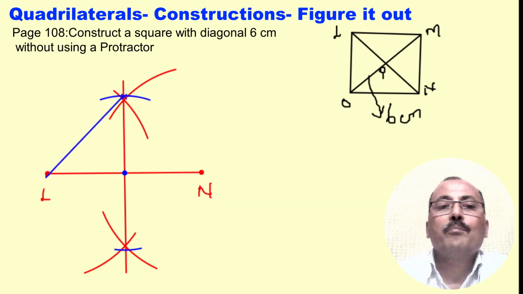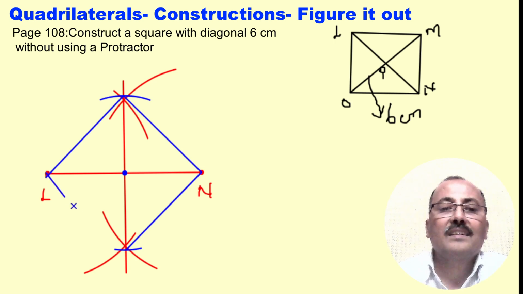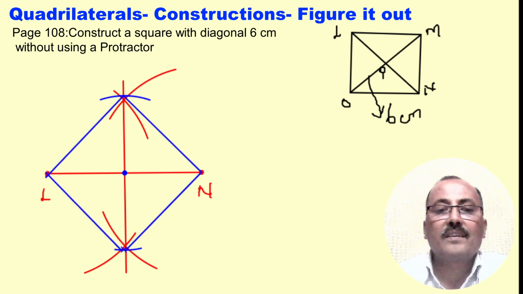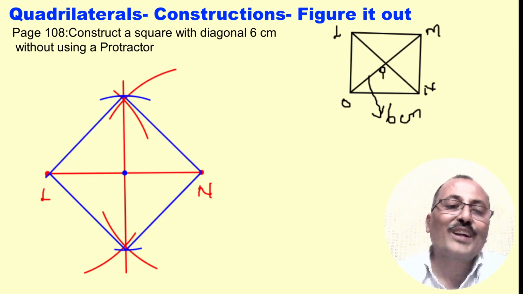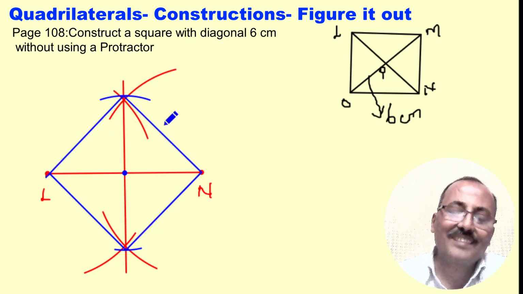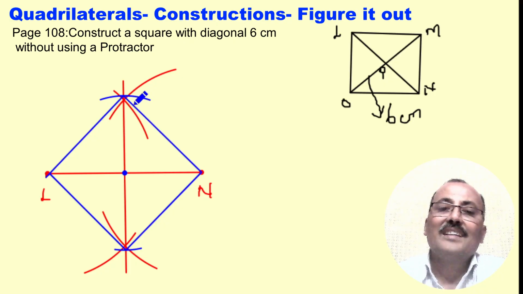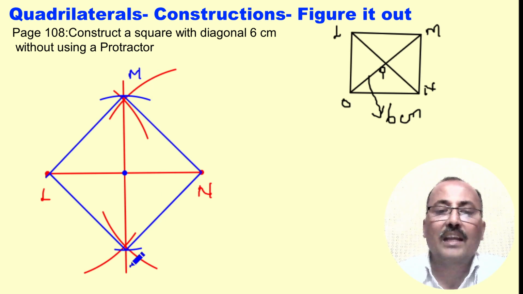Join LM, MN, NO, O is here, and OL. I have done this wrong. Okay, I'll join from L. Yes, now it is correct. Look at the diagram. It is a square only. You tilt it, then you can see it is a square. L M N O.